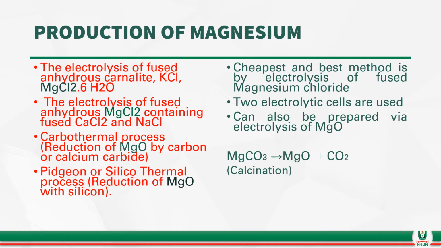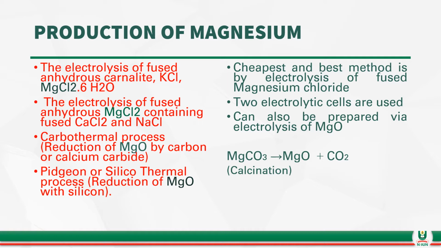But the electrolytic method is the cheapest and best method, and it's widely used today in the production of magnesium metal. The cheapest form is the electrolysis of fused magnesium chloride.